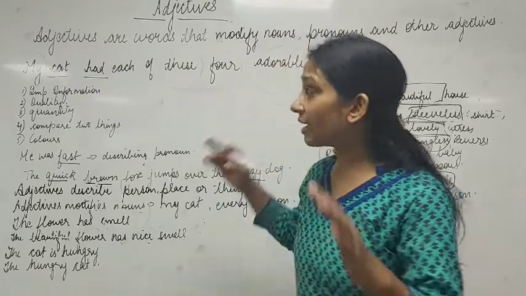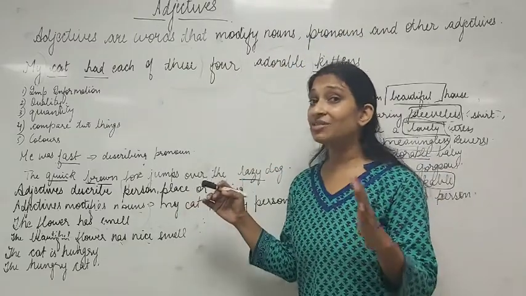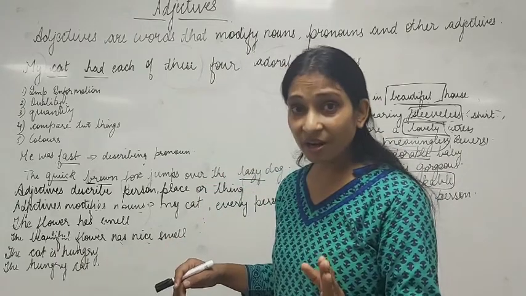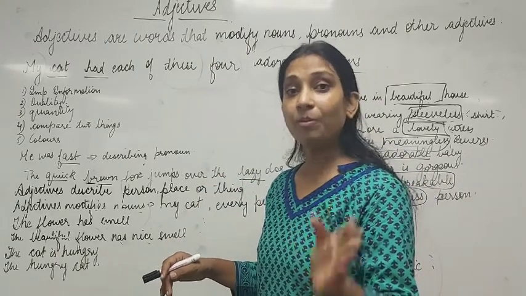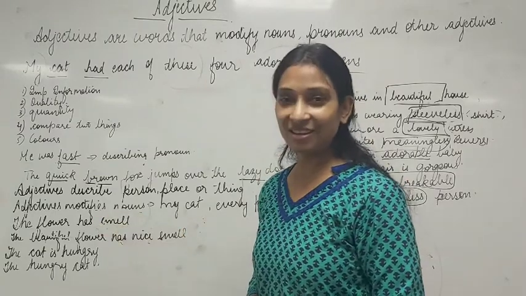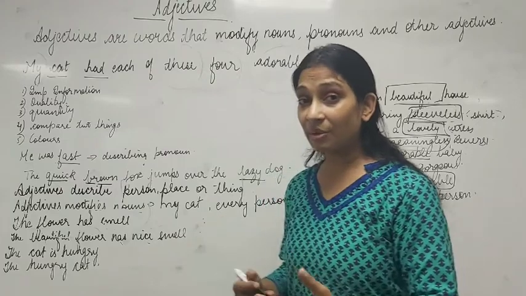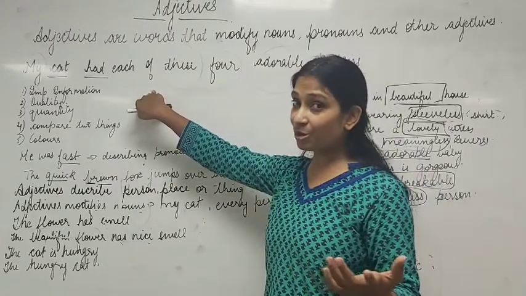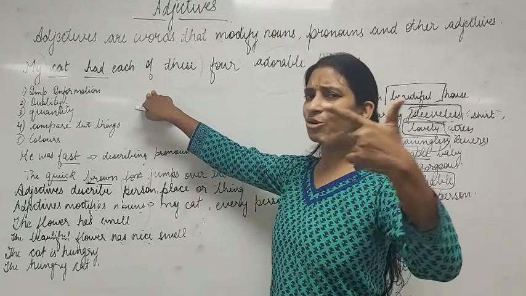Clear, children? Again, I am repeating, what are adjectives? Adjectives are words that modify a noun, pronoun or another adjective. Clear, children? So they even describe other adjectives also, right? So they give us important information about nouns. What are nouns? Person, place or thing, right?